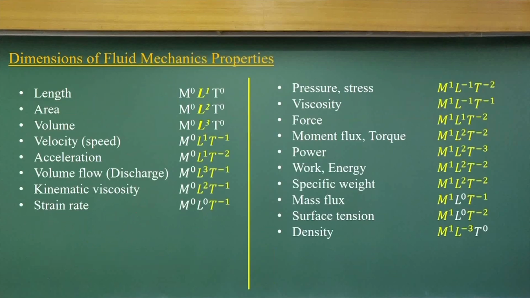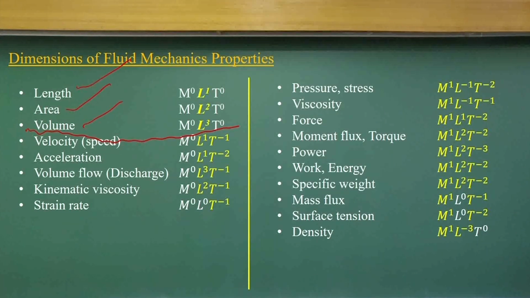Now, if you look at the fluid properties, some of them are related to dimensions: length, area and volume. It is just a geometric dimension, so it has a unit only in terms of length. Length is L to the power 1, area will be L squared, and the volume will be L to the power 3.